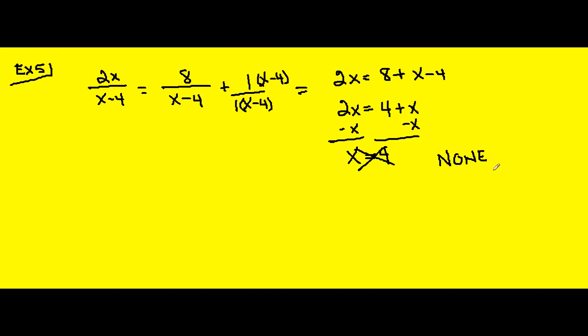There isn't a solution for it. Okay, that's the case where the answer made the denominator, any one of the denominators, 0. So therefore, it is undefined and it is not a solution. If I had a second number to pick in there, then that would be the solution. I just have one solution.